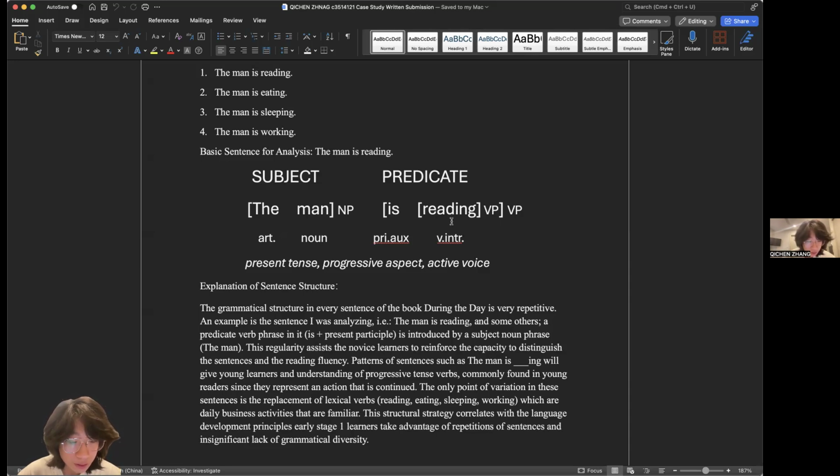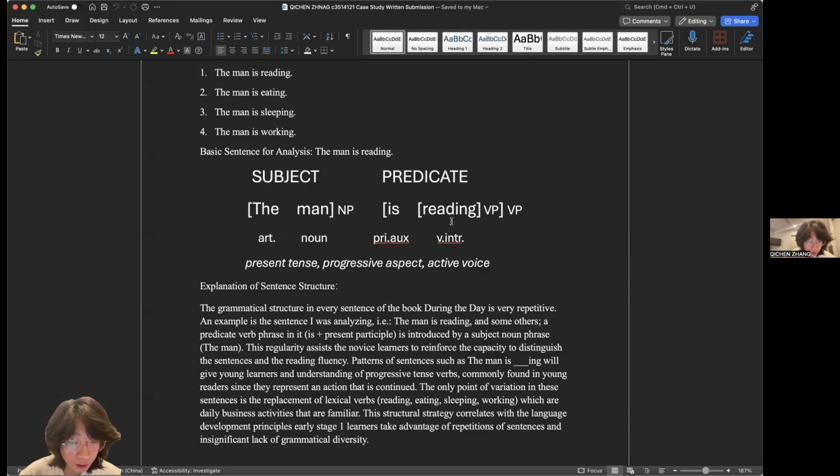Patterns of sentences such as the man is plus ing will give young learners an understanding of progressive tense verbs, commonly found in young readers' science. They represent an action that is continued.